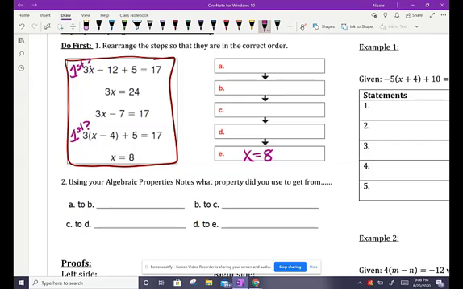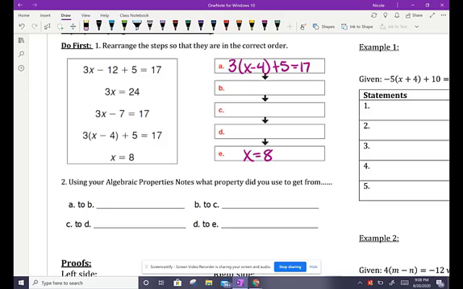So I know that it's going to be 3(x minus 4) plus 5 equals 17. That's my first step. From there, I know I'm going to distribute and get that 3x minus 12 plus 5 equals 17.